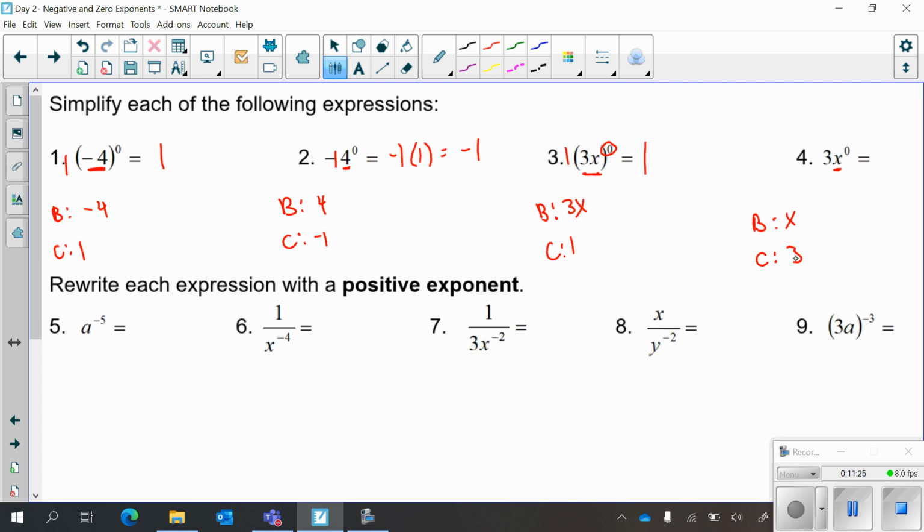The 3 is the coefficient. So the 3 doesn't get touched because the 3 doesn't have an exponent. But the x gets touched, and because the x has a 0 exponent, it becomes 1, and 3 times 1 is just 3.